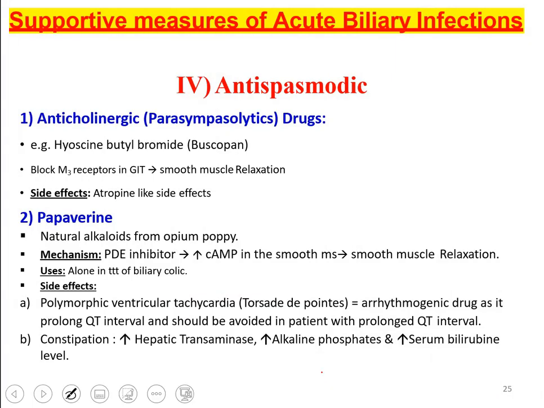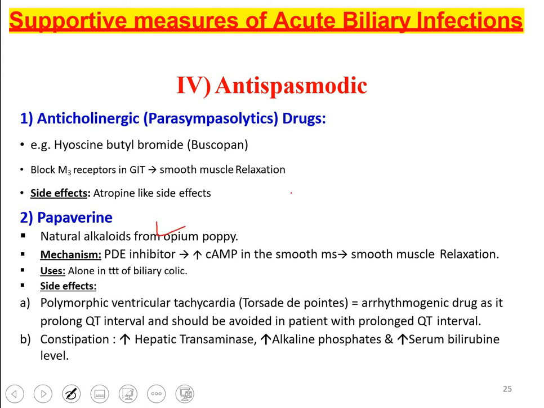Then regarding antispasmodics, as we said, you will have to give a spasm-relieving drug, as we discussed with opium, morphine, and codeine-like drugs. Papaverine here is a very good drug.